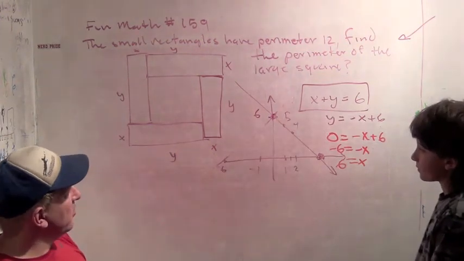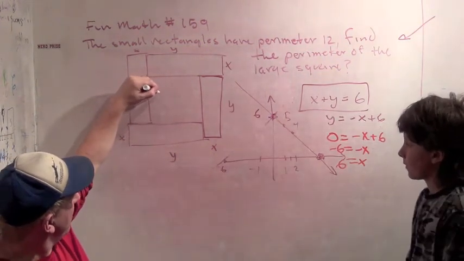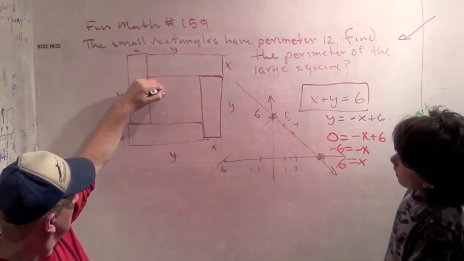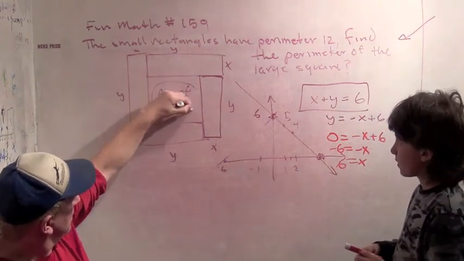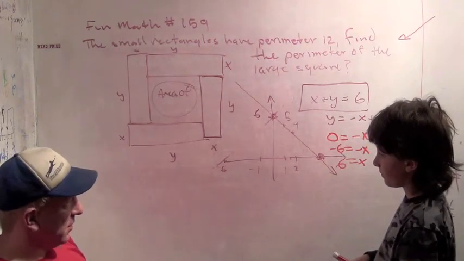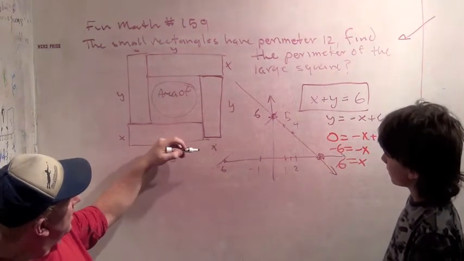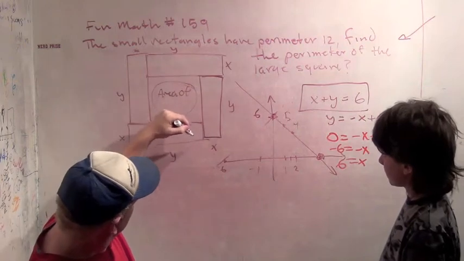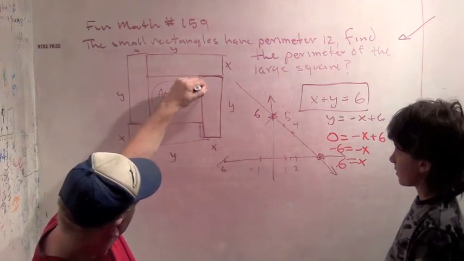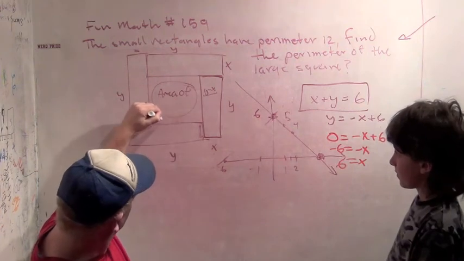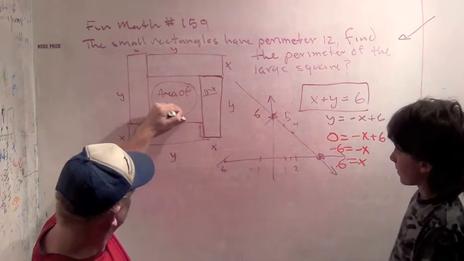Now there's an interesting question I could have asked: what about the area of this object? Well, it's y high, except we have to take away this x here. So it's y minus x high, and it's y minus x long, so it's a square.